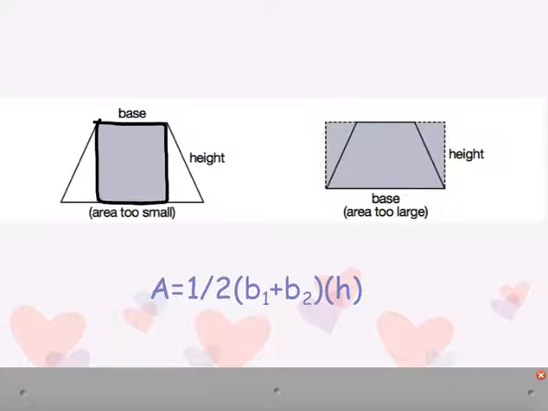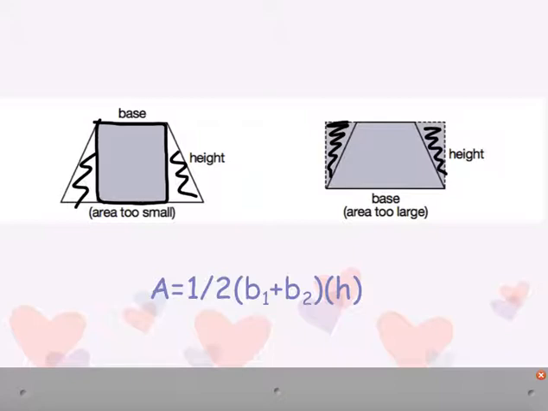We would be missing all of this triangular piece. Whereas if we used our second base, we would be adding too much. This would be too much because that's not part of the trapezoid. So instead, we use this formula, 1/2 times base 1 plus base 2 times the height.